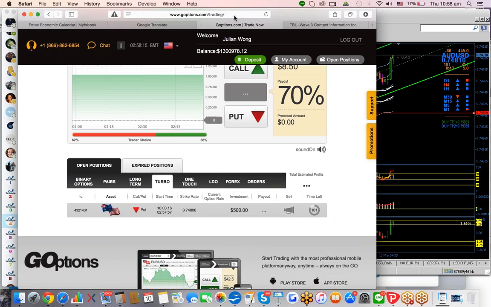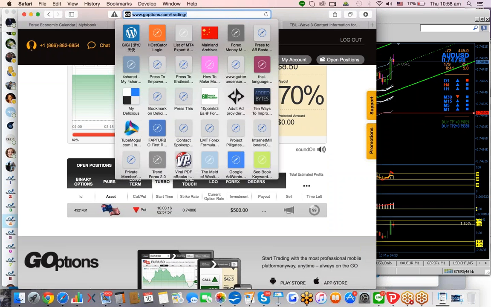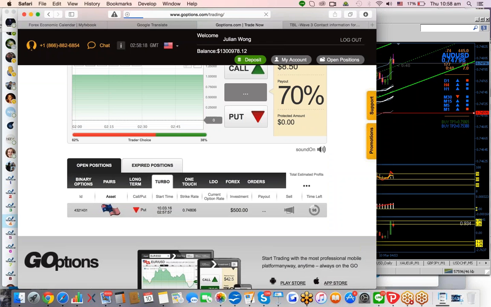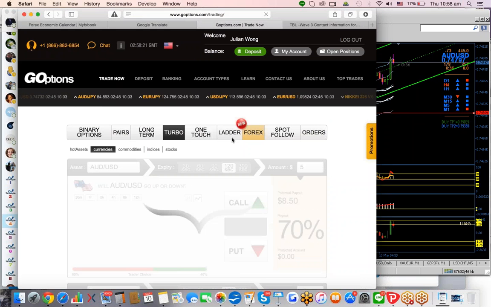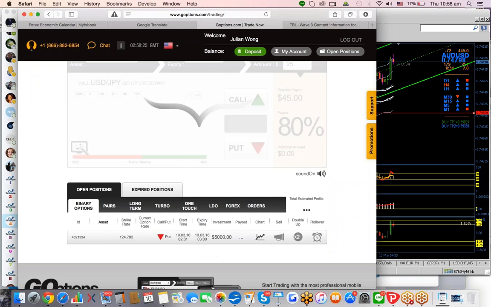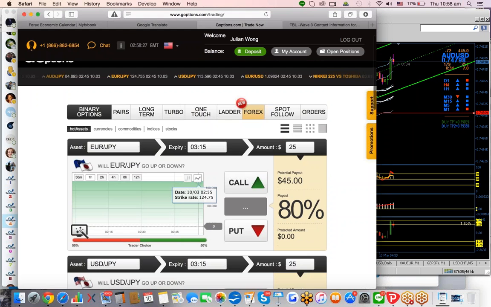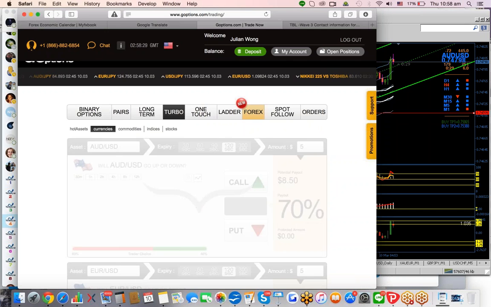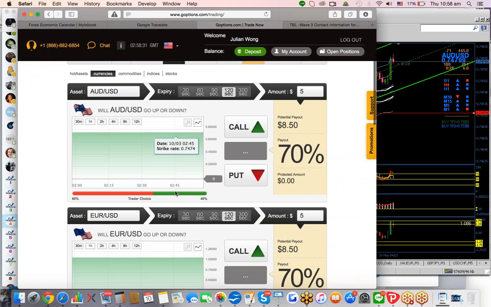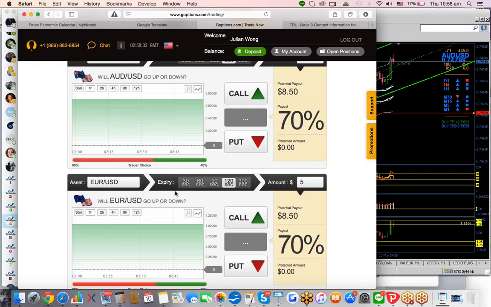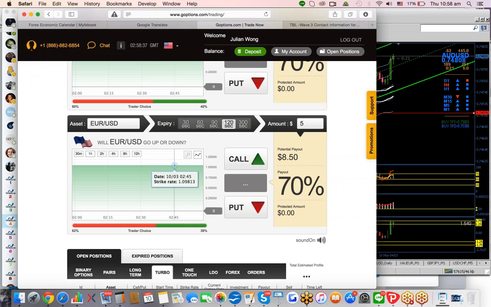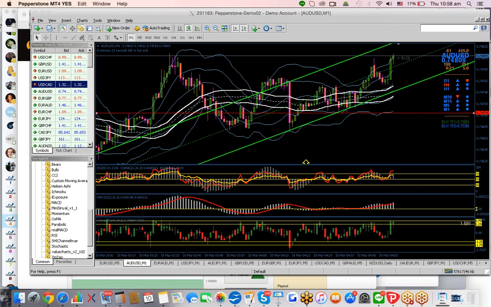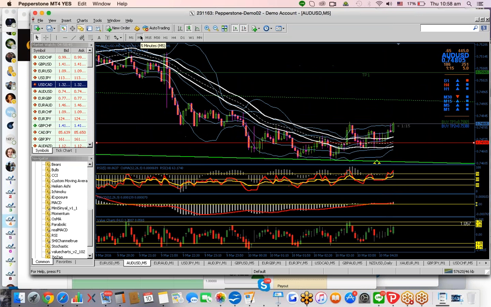My chart's frozen. Oh shit. What just happened?